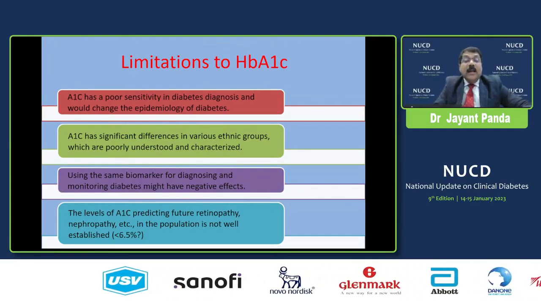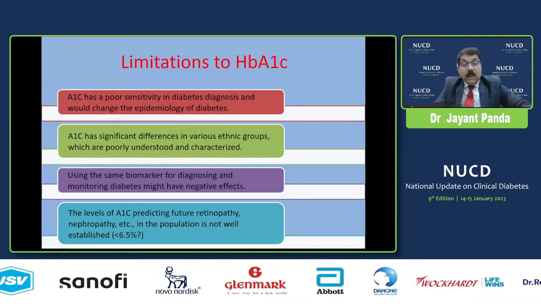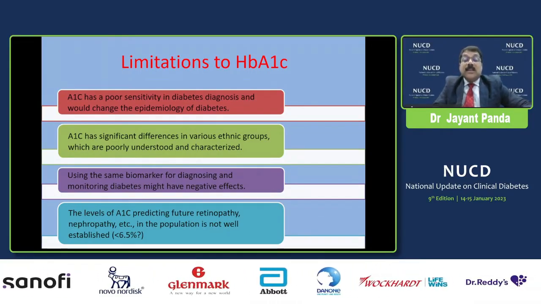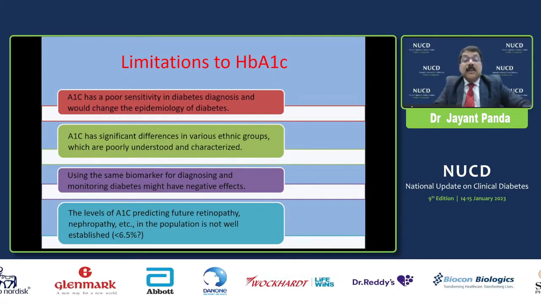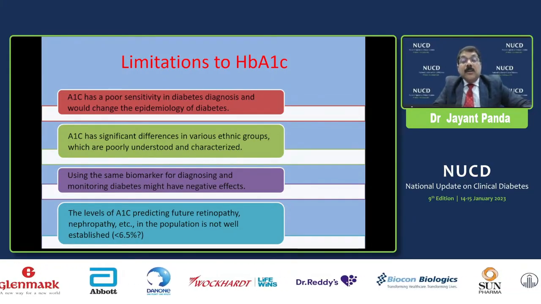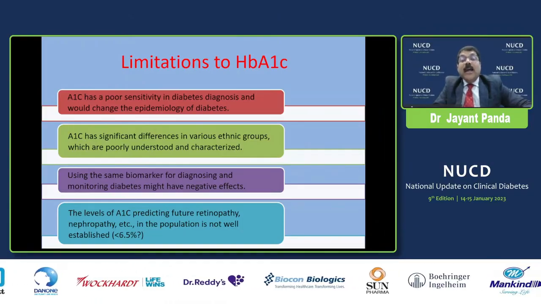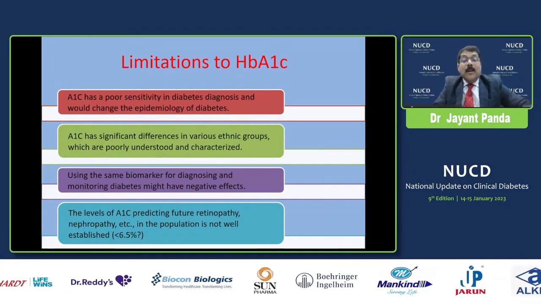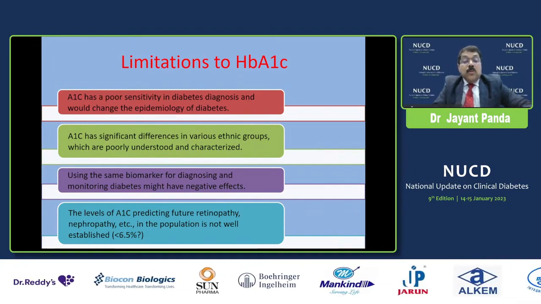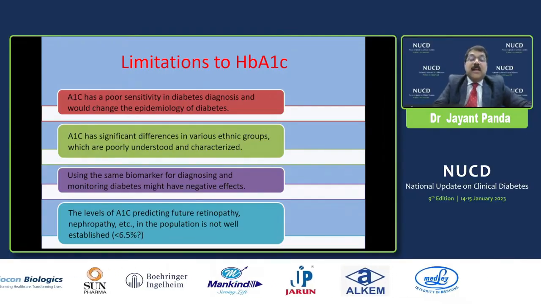All of you know that using the same biomarker for diagnosing and monitoring diabetes might have negative effects, and the level of A1C predicting future retinopathy and nephropathy in the population is not well established. That is, less than 6.5 has an association with these complications of micro and macrovascular nature. And using A1C will delay the diagnosis of diabetes in up to 60% of incident cases.